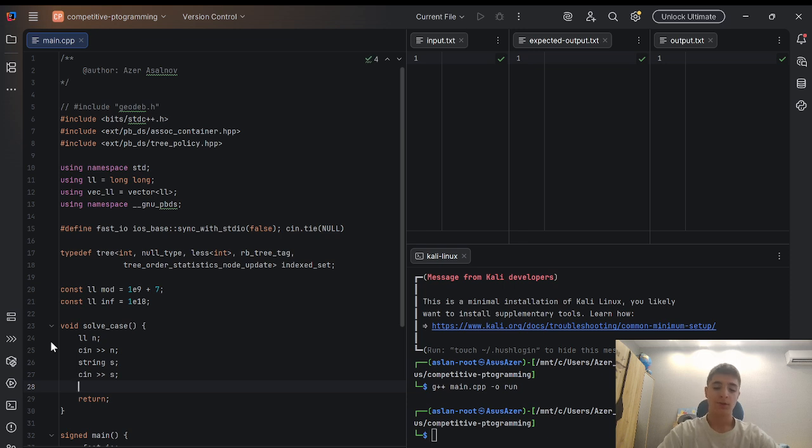Then after this, it will be better if we do for int i = 0, i less than n minus 1, i++. We check s[i] and s[i+1]. If s[i] equals X, here we go.